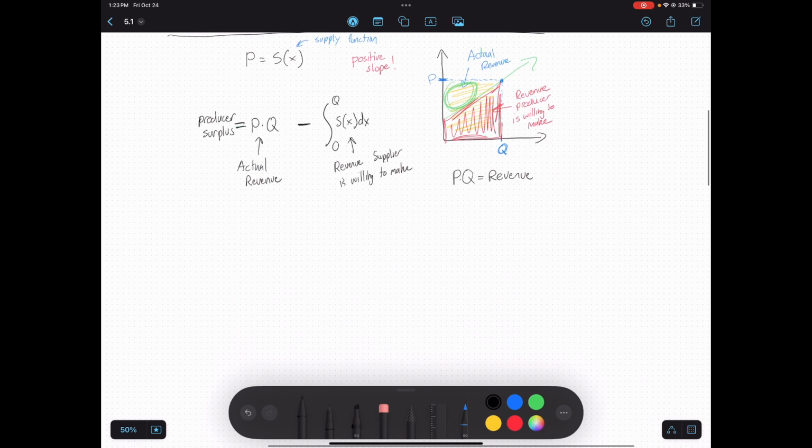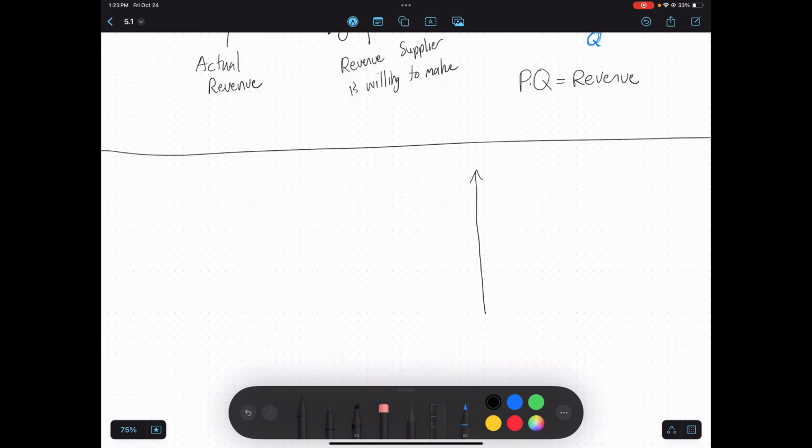This begs the question, what if I have a situation where I have both? What if I have a demand function and a supply function? I know how my demand's going to change when I mess around with the price, but I also know how my supply is going to change if I mess with the price.